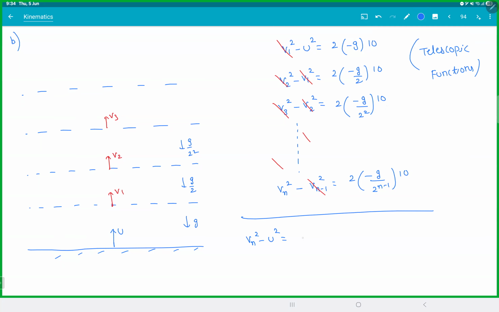You can take out the 2g common, so that will be minus 20g common. You'll end up with 1 plus 1 by 2 plus 1 by 2 square, and so on till 1 by 2 power n minus 1. There, Param, that is where you get it from. Now, when you want to stop, you put vn as 0, then you get an n there. So that is the boundary which you have to study.